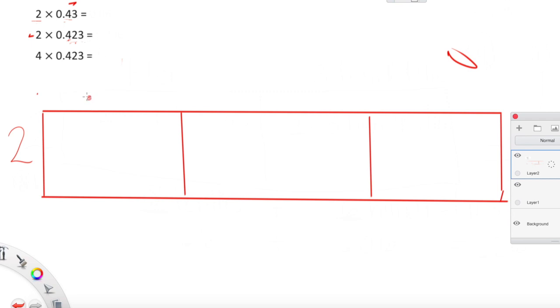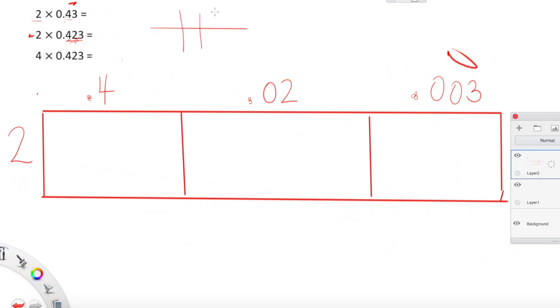This one I'm going to write in standard form. So we have 4 tenths right here, and then we have 2 hundredths right here, and then we have 3 thousandths. We decomposed 423 thousandths into 4 tenths, 2 hundredths, and 3 thousandths.